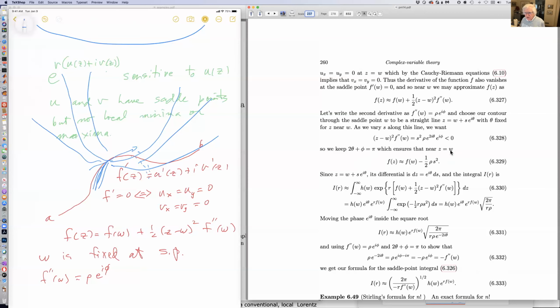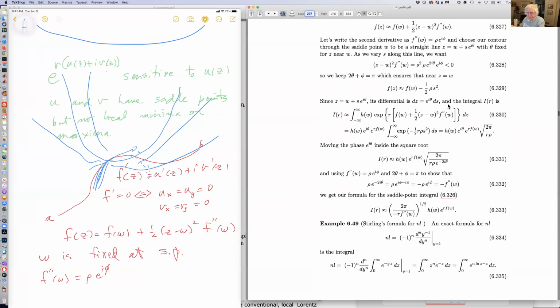So near the saddle point, f of z is f of w minus a half rho s squared. And so then dz is e to the i theta ds. That's from this equation. And the integral then has this complicated exponential here.